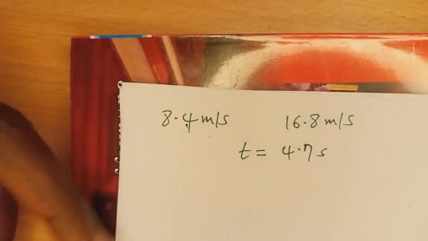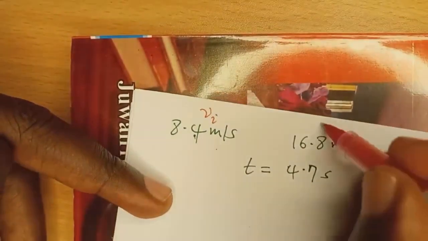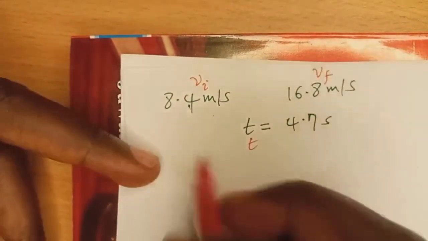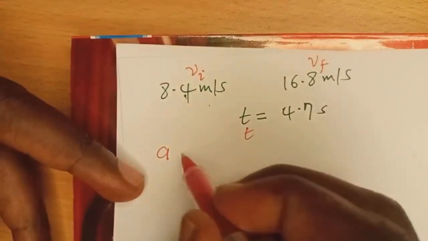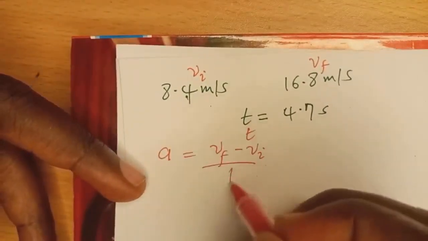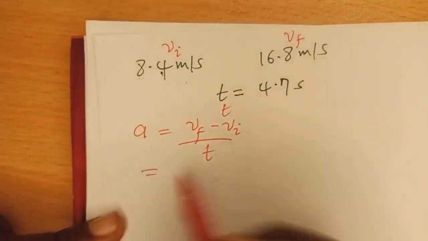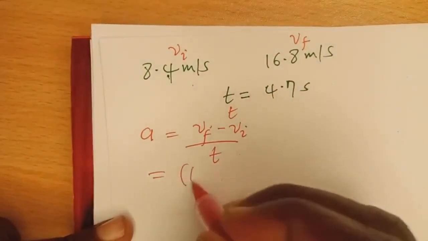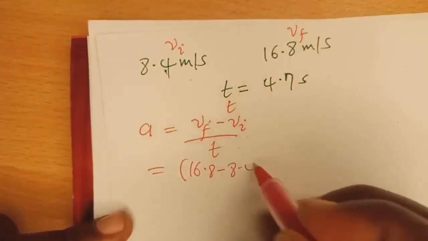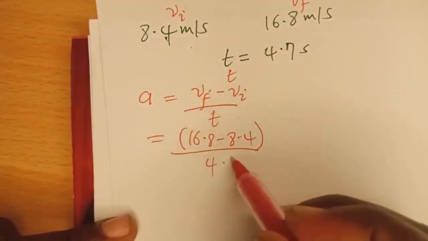Very simple. We know that initial velocity is our v sub i, final velocity is our v sub f, and this is the time taken t. So our acceleration is v final minus v initial divided by the time it takes to change, and this is equal to your v final, 16.8, minus your v initial 8.4, close bracket, divided by the time taken 4.7.